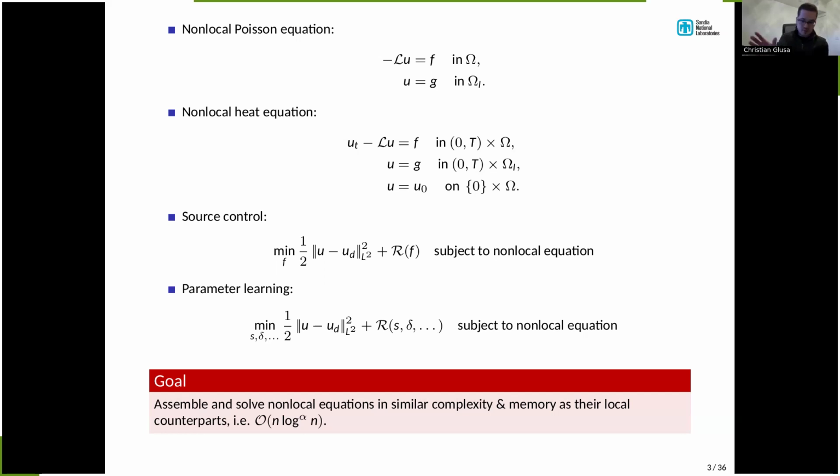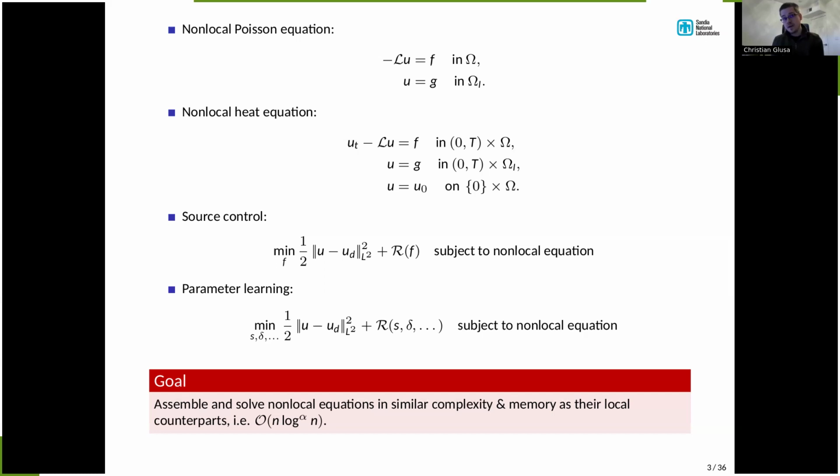But what all of these problems have in common is that you will have to assemble and then solve a nonlocal equation in discretized form at least once. For the last two problems on the slide, you have to solve a nonlocal problem several times. You might even have to assemble different problems for different parameters several times.